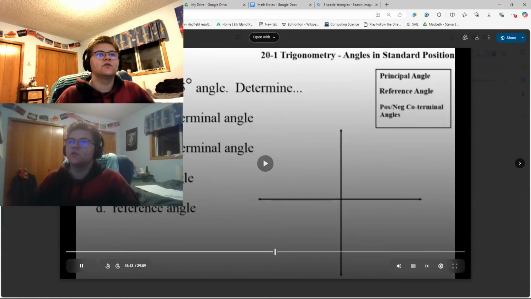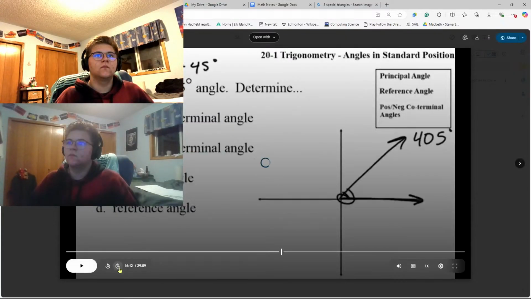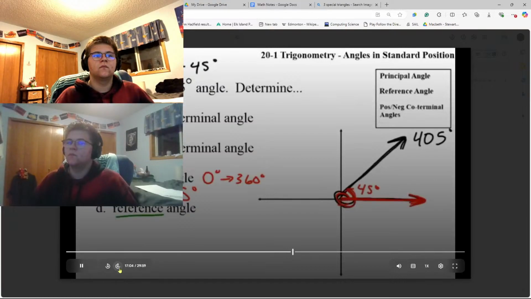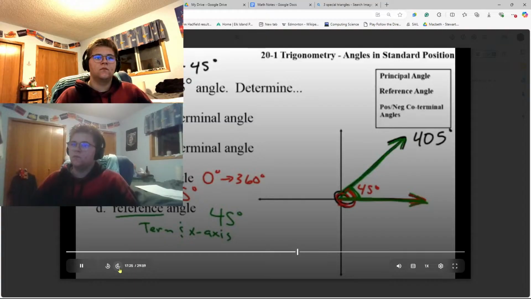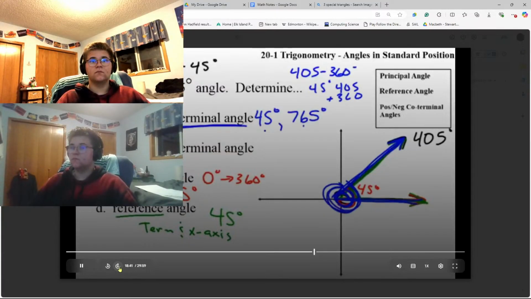Let's start off with trig. So that means 405 degrees is 360 degrees plus another 45 degrees.